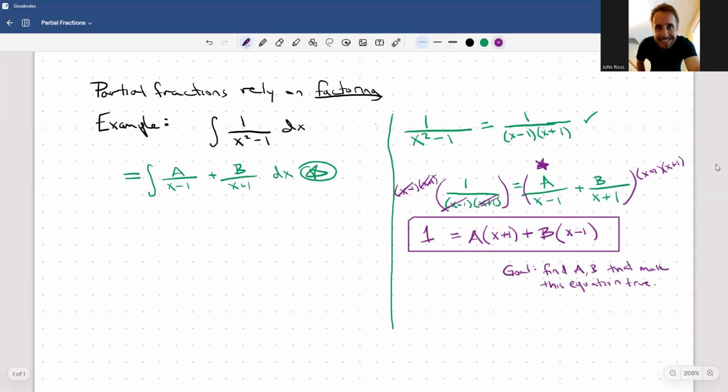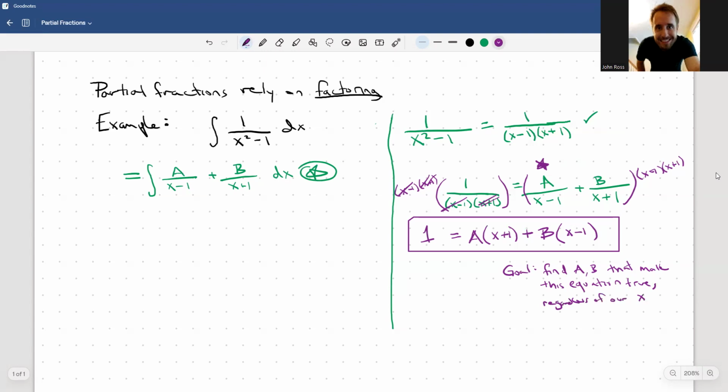Now, there's a few different strategies for doing this, but what I'm going to introduce in this video is what we call the method of strategic substitution. Specifically, this equation, we want to find values A and B that make this equation true, and we want to make this equation true regardless of our x value.